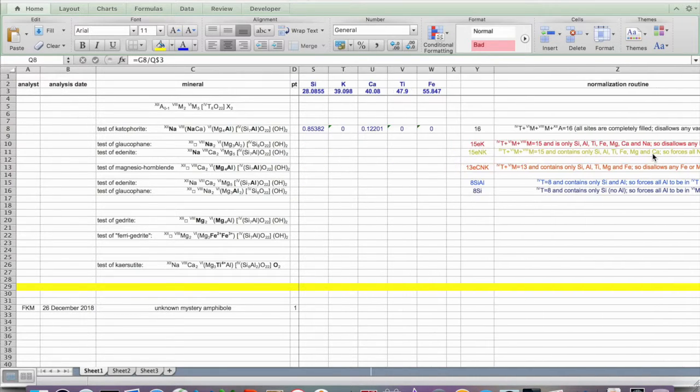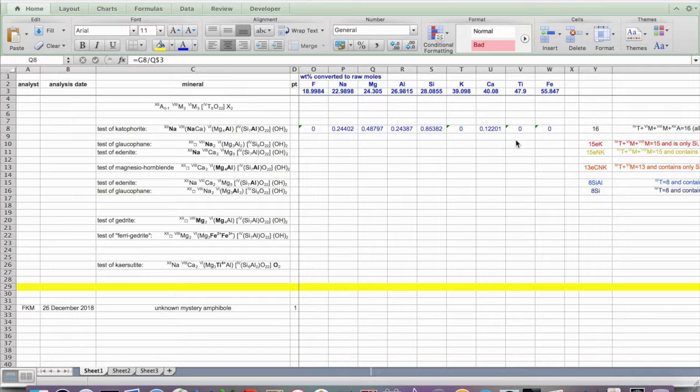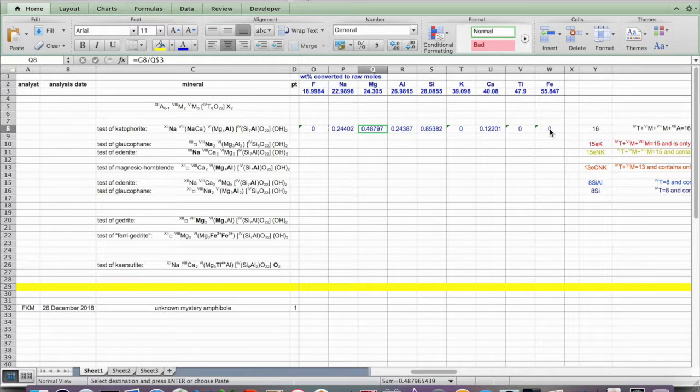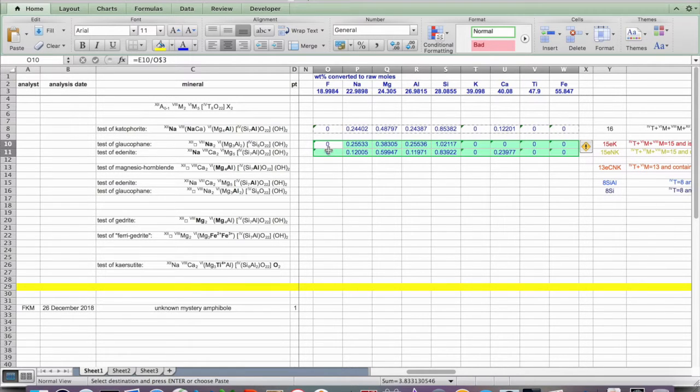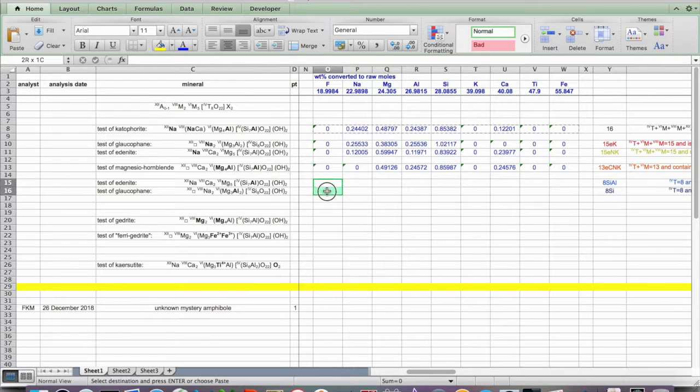And so although I said earlier that I was not going to copy this row down until later on, I have changed my mind and I am going to copy this row down, at least for the test analyses here, because I want to make sure that we get real numbers in the normalization portion. So I'm just going to copy these here for the little set of basic test formulas that I have.